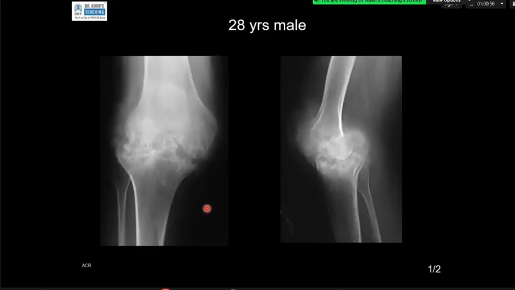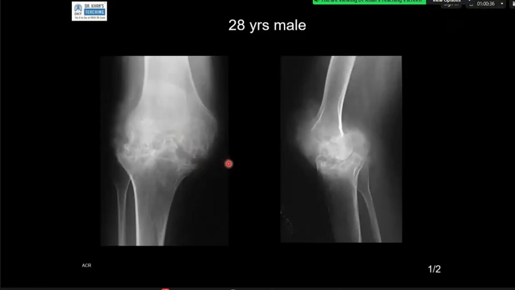So considering the widened intercondylar notch and a male patient, I'll be thinking about the possibility of hemophilia in this case. So what's happening to this metaphysis? Epiphysis? This looks a bit broadened. Why is it broad?